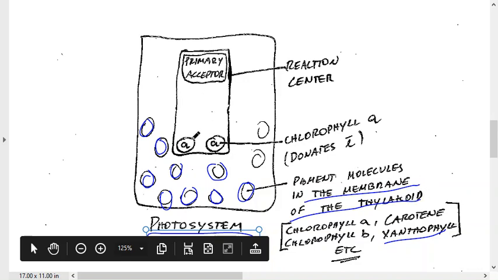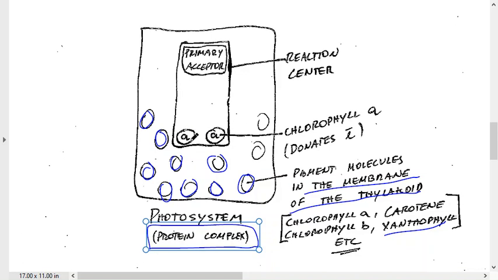In the center of this photosystem, of this complex, are two chlorophylls in particular that are kind of special. They're special because these two chlorophylls, in the reaction center, will eventually donate electrons that get kicked up into what's called a primary acceptor.